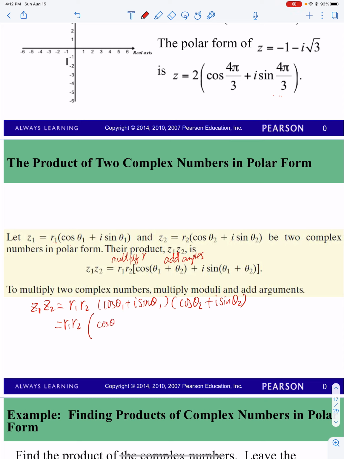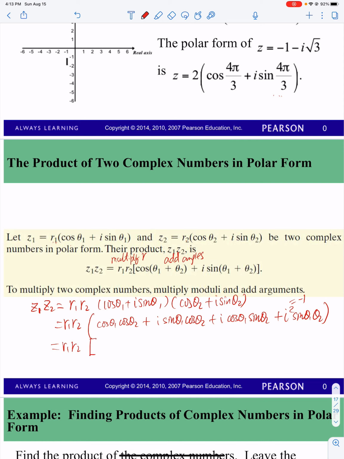It's cosine theta 1, cosine theta 2 plus i sine theta 1, cosine theta 2 plus i cosine theta 1, sine theta 2 plus what? i squared sine theta 1, sine theta 2. Do you guys remember what is i squared? Negative 1, yeah?